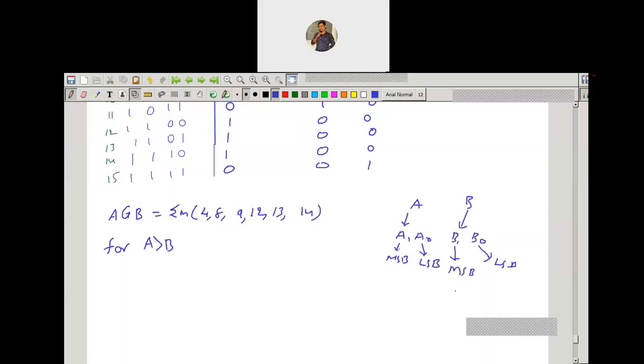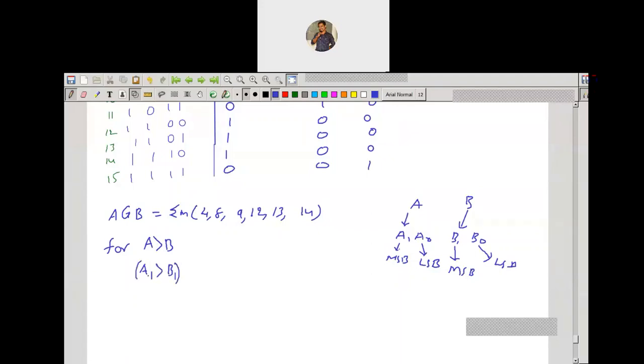Just observe that I'm writing for A more than B. To get this, the possibilities are: A1 is more than the B1.